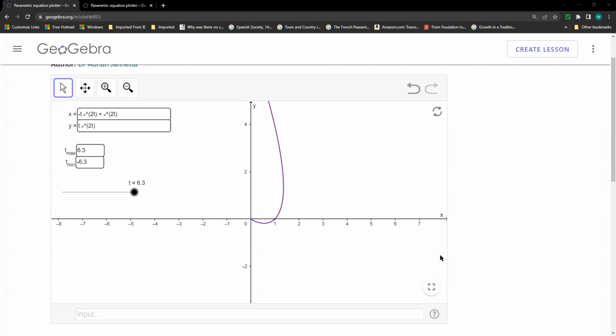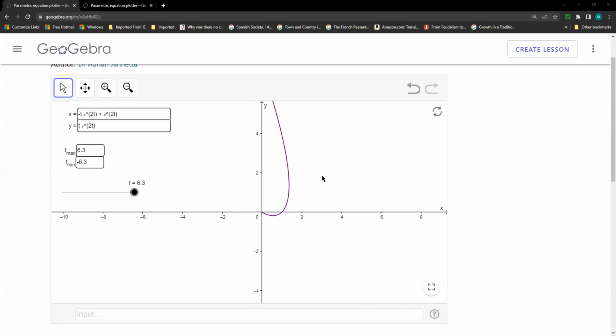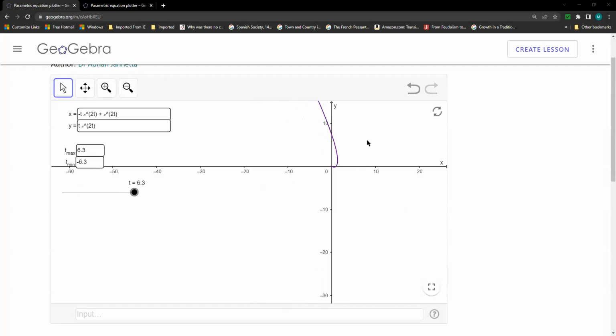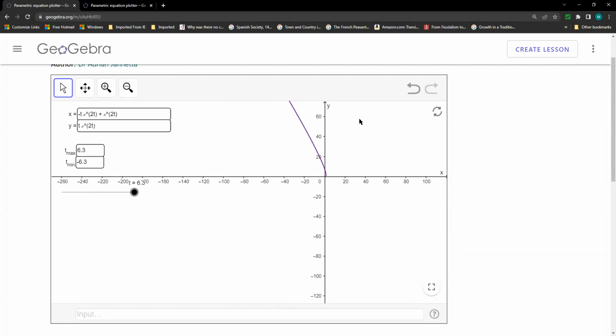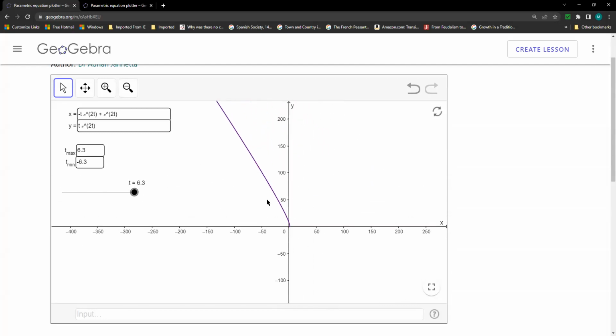It looks like this thing that starts off at the origin and it curves away, and if you zoom out a little bit, you can see what happens. It eventually tails off and moves in this direction.